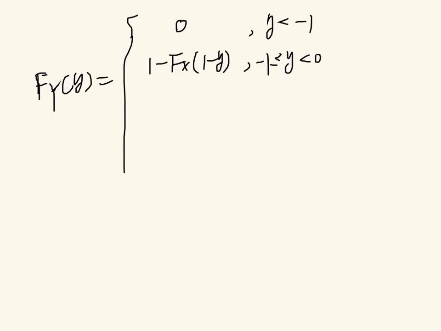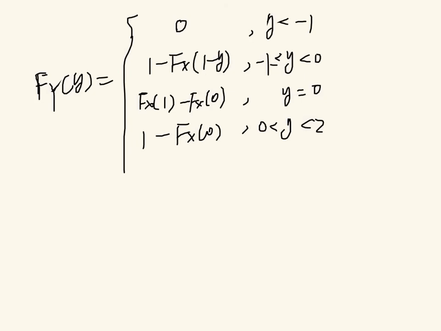And when y is equal to 0, it should be F_X(1) minus F_X(0). And when y is between 0 and 2, it should be 1 minus F_X(0). And when y is equal to 2, it should be F_X(0). And when y is larger than 2, it should be 1.